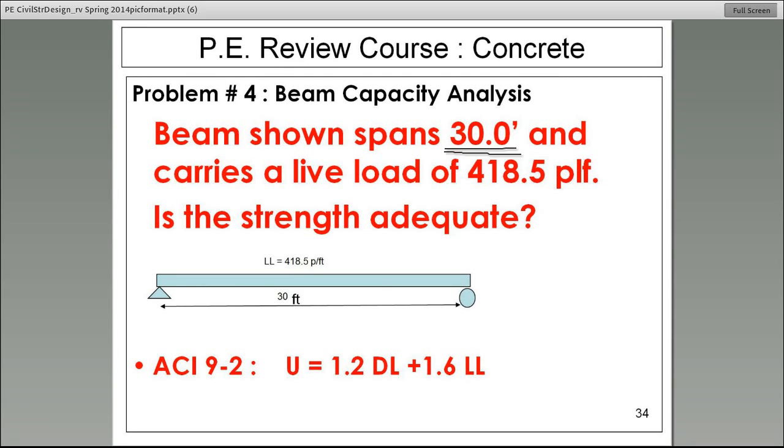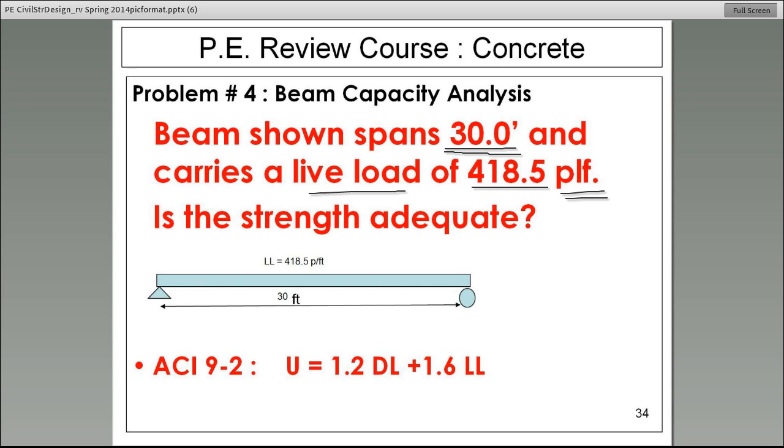The span length from support to support is 30 feet, and it carries a live load of 418.5 pounds per linear foot. Make a note of it. Pounds per linear foot this is. All right?